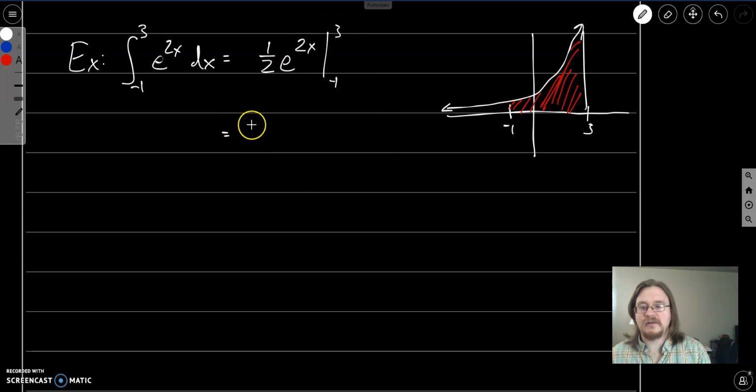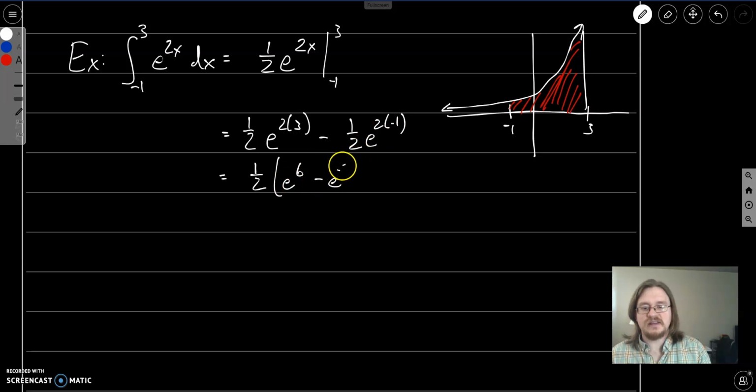Here, I'm going to take 1/2 e to the 2 times 3 minus 1/2 e to the 2 times -1. So if I pull out that 1/2, I've got e to the 6th power minus e to the -2 power. And this is something that I would need a calculator in order to solve. This is going to be the area underneath this curve here, but there isn't a whole lot more to it.